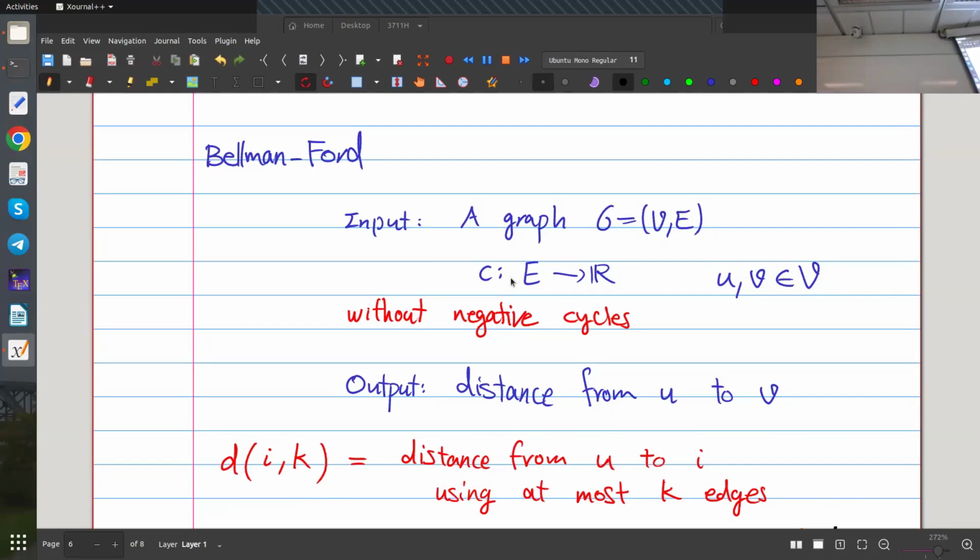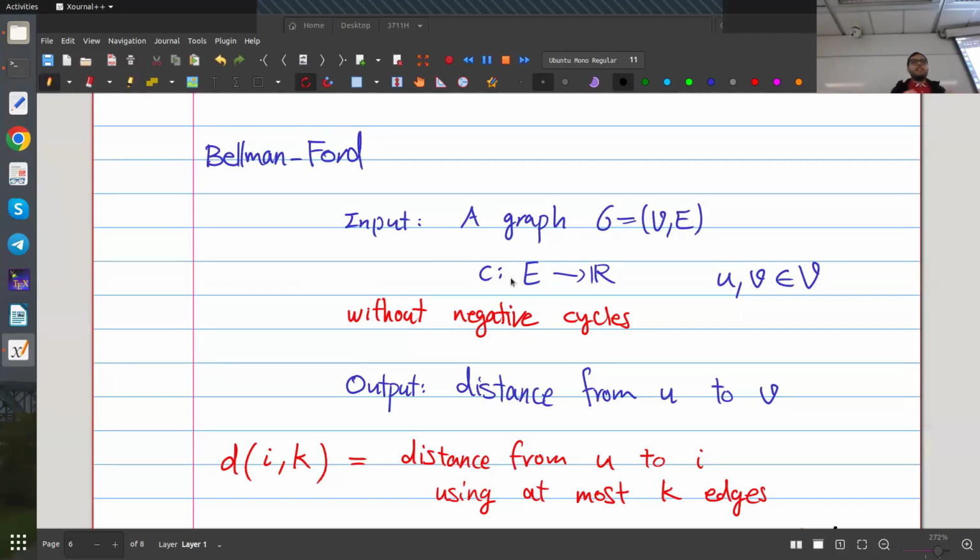Now, what happens if I do have a negative cycle? In which part of this discussion did I use the fact that I don't have negative cycles? It was when I said that I can go from U to V in at most n steps, in at most n edges.